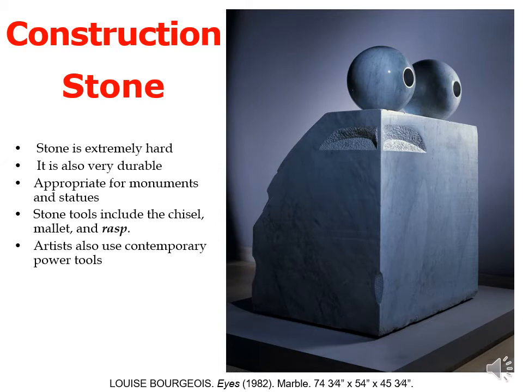So some of the different materials that artists work in. So stone, all different types of stones out there. So here's the Louise Bourgeois, some of her work again, where she did this piece in marble. So there's all types of uses for stones, statues, sculptures, monuments, things like that.